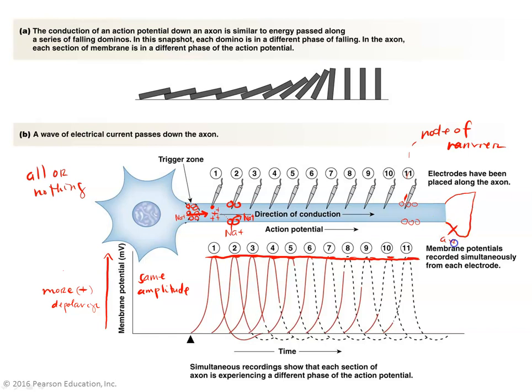At the axon terminal, all of this sodium will eventually lead to the release of more neurotransmitters. All right? Okay, let's move on.